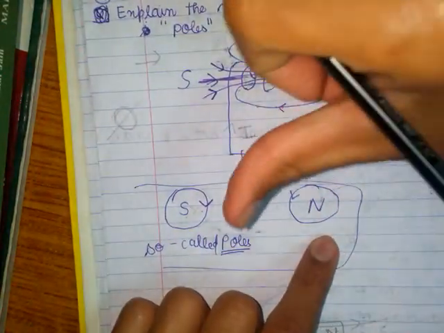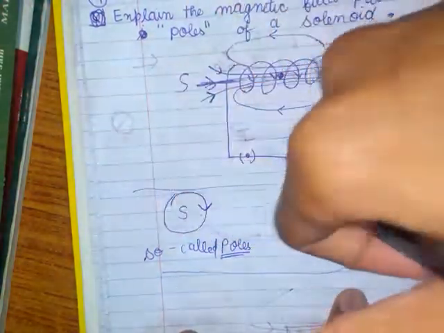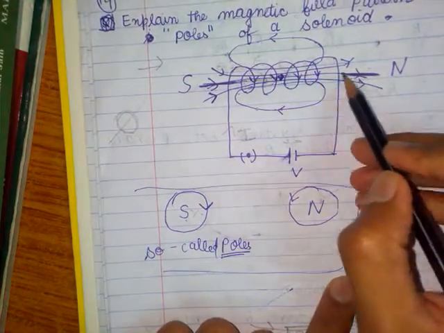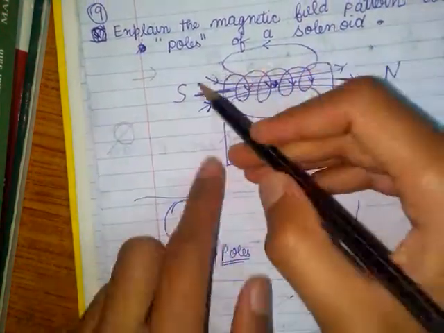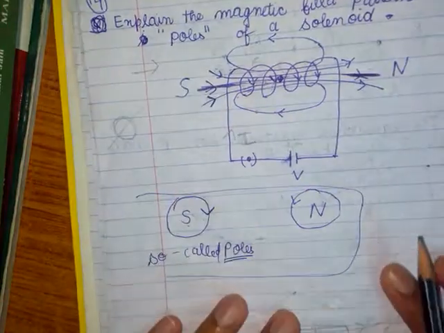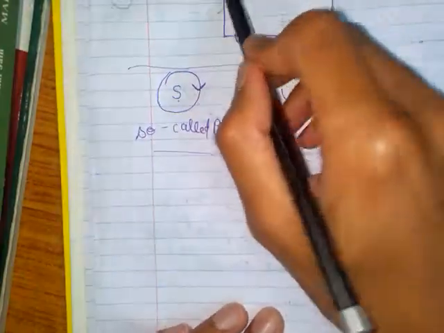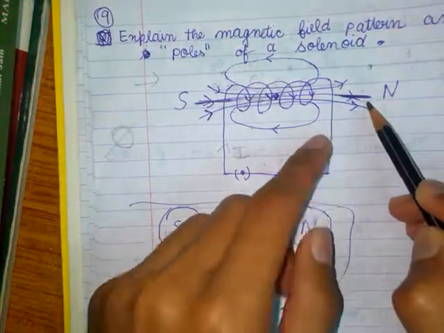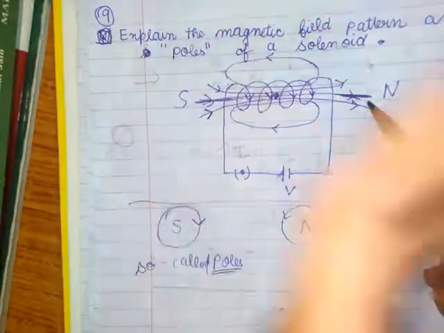And when the current is going in this direction, you can see that field lines will come out of this north pole. Hence the field pattern would be like this, and therefore we call this the south pole where the field lines go into, and this the north pole where the field lines come out from.